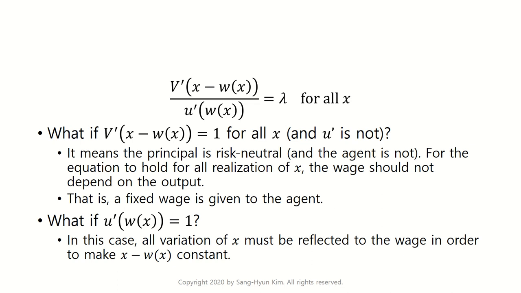At first, this equation, v prime over u prime equals lambda, looks a bit difficult to understand, but what it simply says is that if someone is more risk averse than others, then this someone should be given a smaller amount of risk.